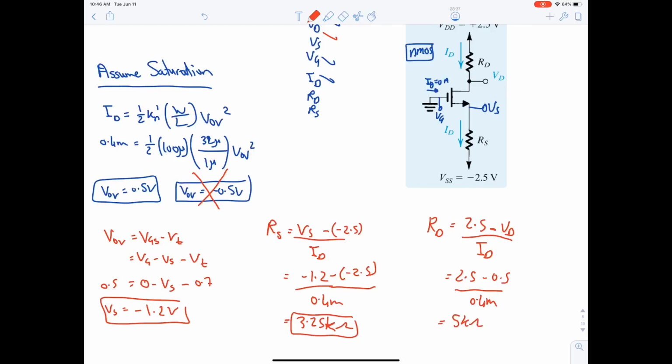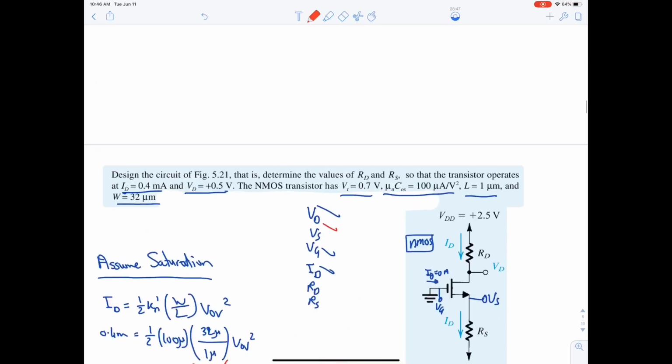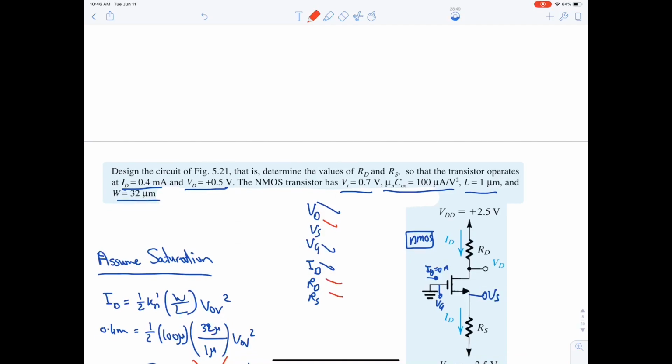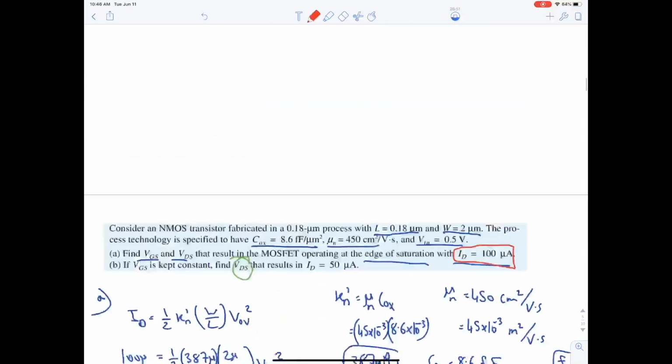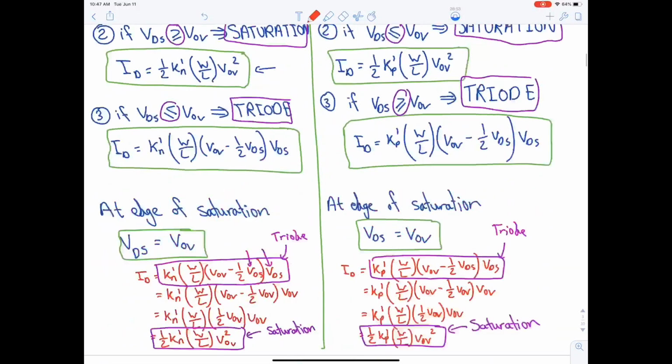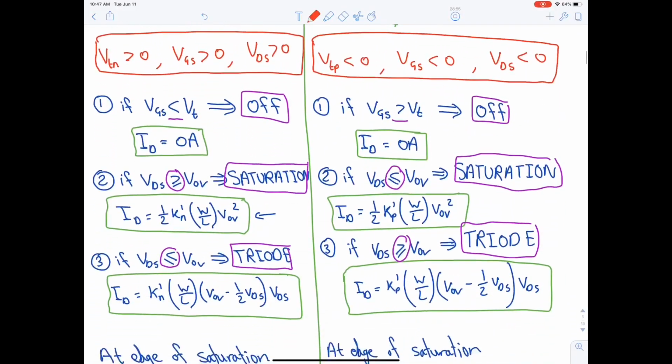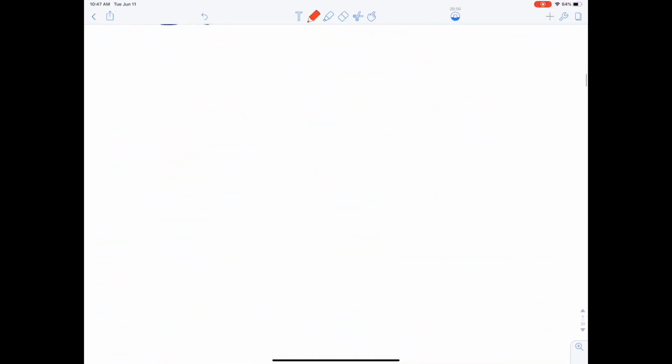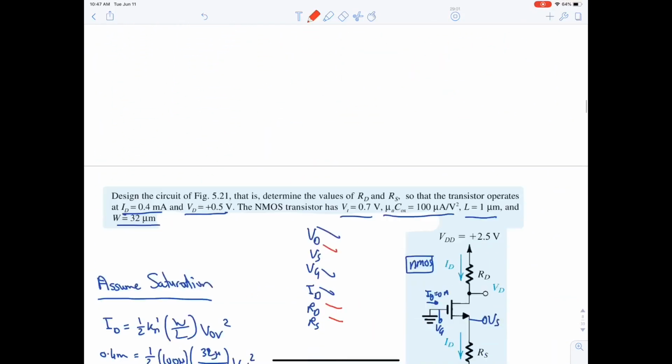Okay. Next. Now all of this is based on an assumption, which is assumed saturation. So we need now to check, is it really saturation? And the check of the saturation in NMOS is VDS greater than or equal to VOV. VDS is greater than or equal to VOV.